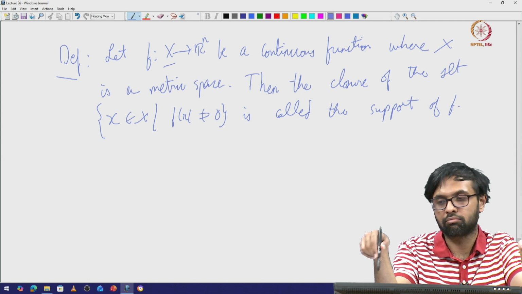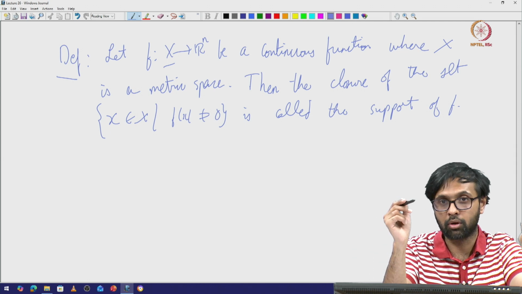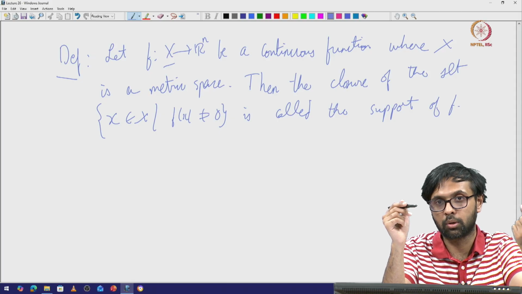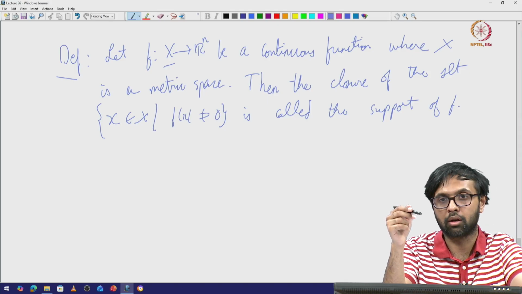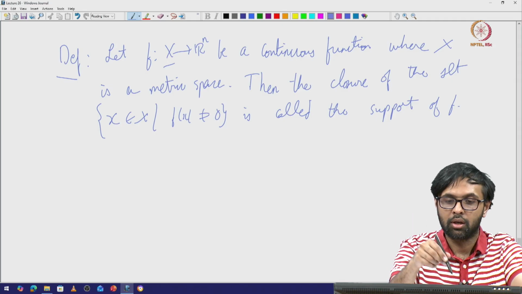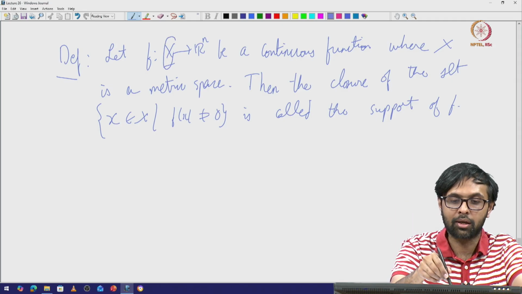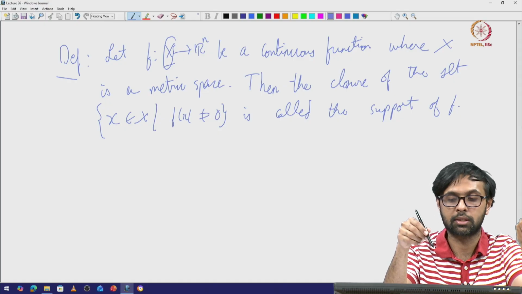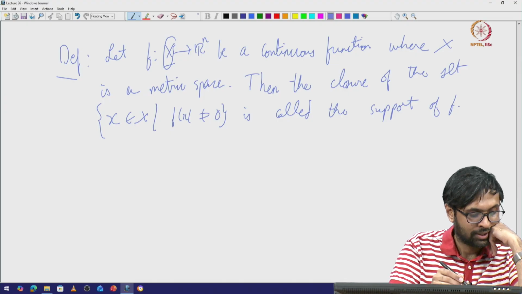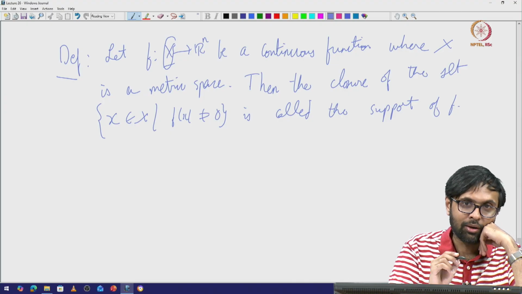Whenever you take any metric space, in particular if you take 0, 1, for example, the closed interval, any closed subset of it is compact, right? So every function is compactly supported there. So that's not saying much. When x is, on the other hand, not compact itself, for example, if x is all of Rn, then this definition makes more sense, okay?